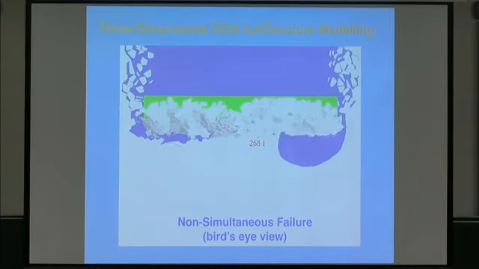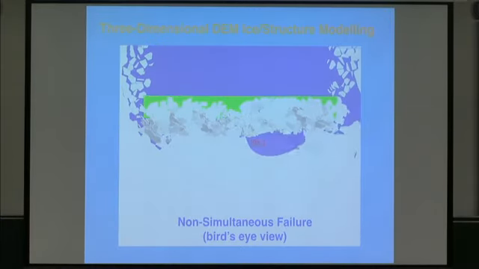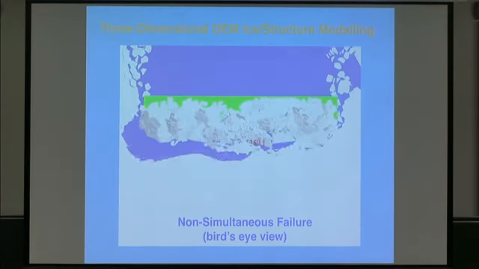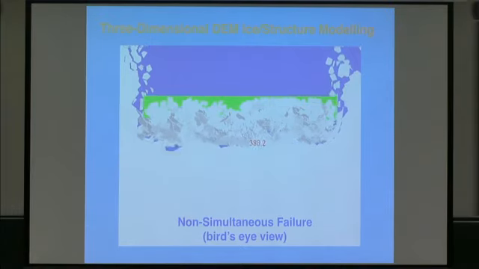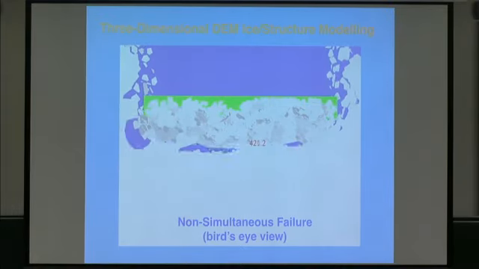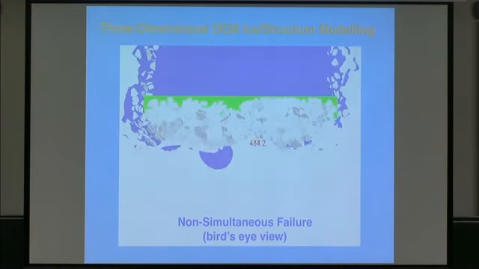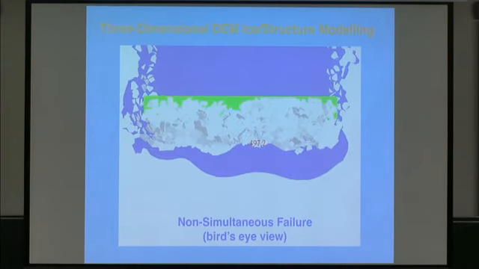You see very clearly a non-simultaneous buckling going on. So this is what we get from doing the 3D model. We get away from that, I hate to use the word, 2D simultaneous failure because it's kind of obvious, but you get the ability now to model non-simultaneous failure, which is so important in this process.